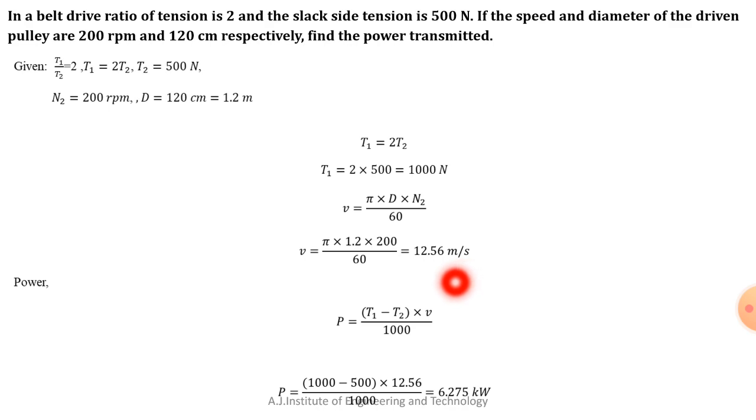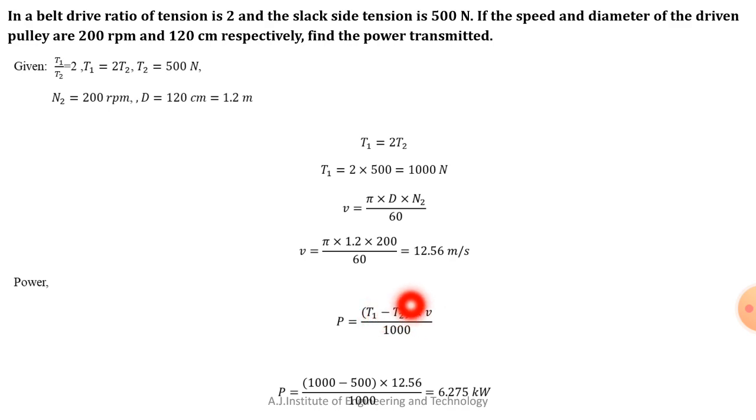Now how to find out power? Everyone should remember the power transmitted in a belt drive is given by this relation, that is (T1 minus T2) into velocity divided by 1000, because you will get power directly in terms of kilowatt. So that's why you have to divide it by 1000. Always force into velocity is nothing but power. The unit of power is watt or Newton meter per second.